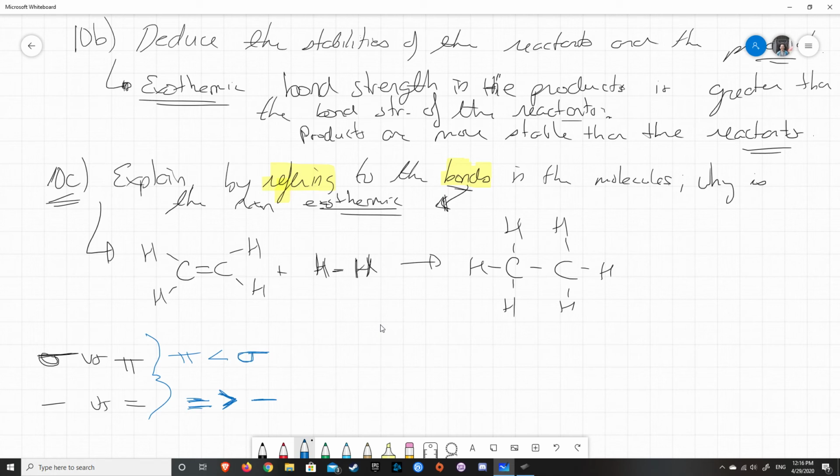So a double bond is a sigma bond plus a pi bond. But a sigma is stronger than a pi. The sigma is the direct overlap.